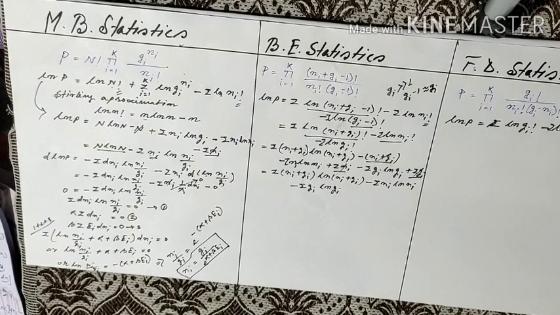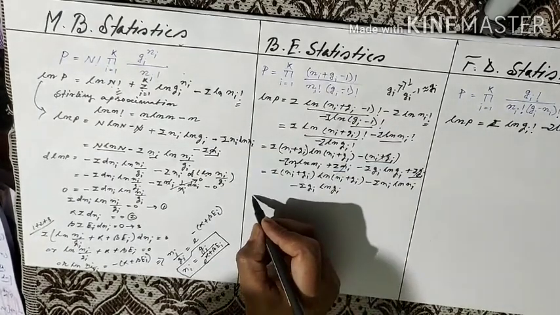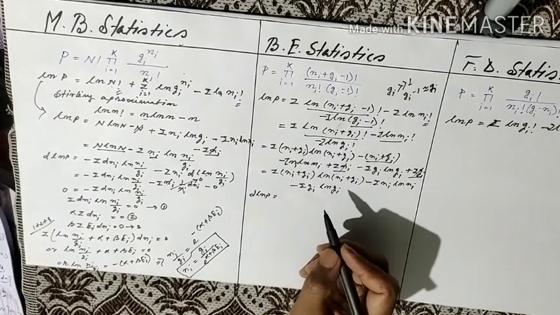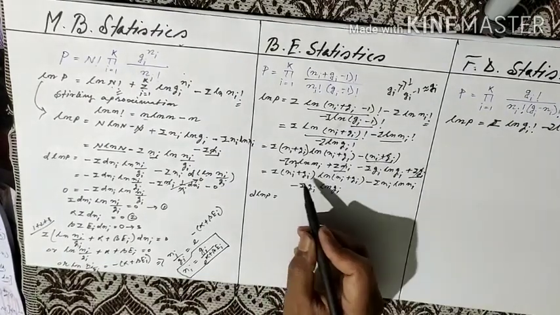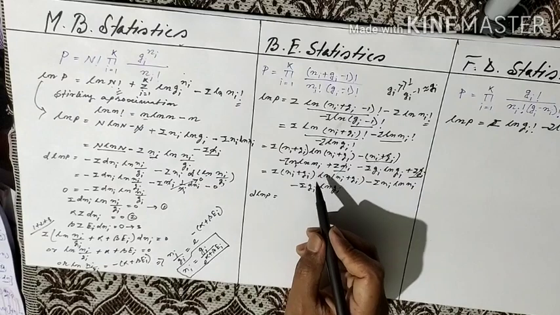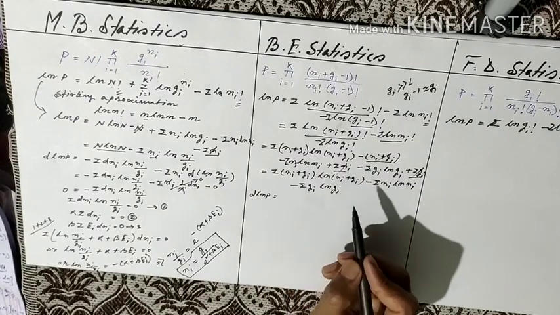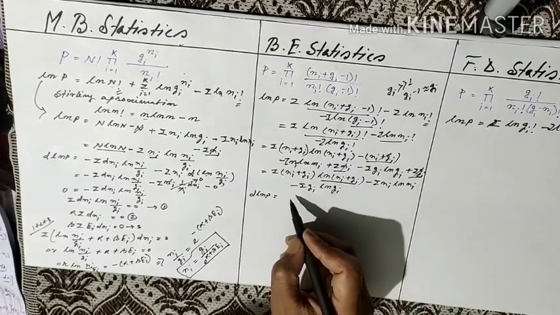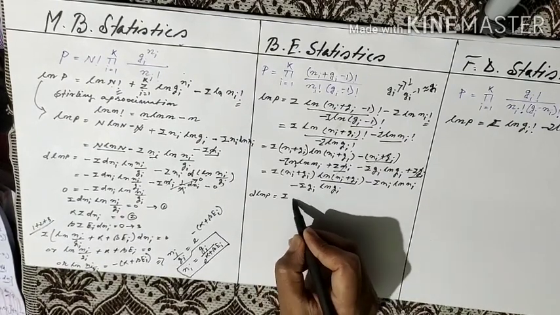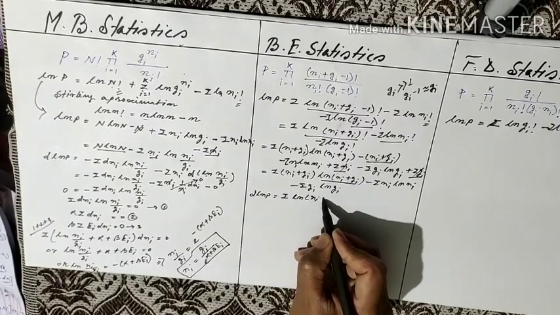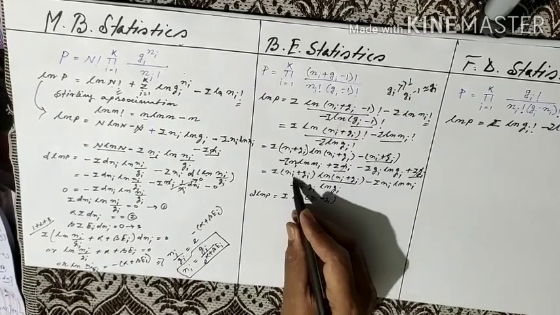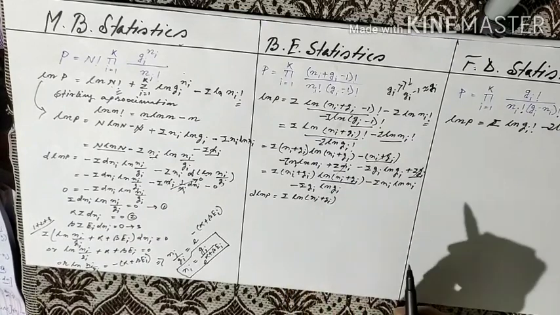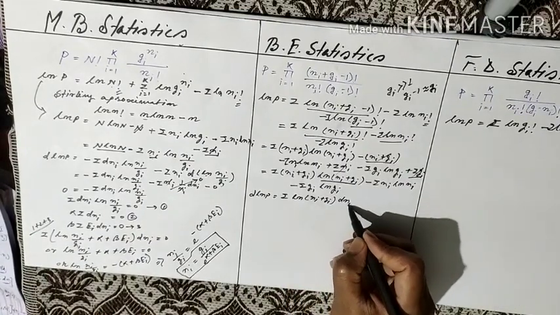Okay, so now differentiate it, d ln P, the left hand side. For this part, take again first function into second function. If you consider the first function, with the second function as constant, then you will get summation of ln ni plus gi, put as a constant, then differentiate it. So this will be dni plus dgi, and dgi is equal to 0, so this will be only dni.